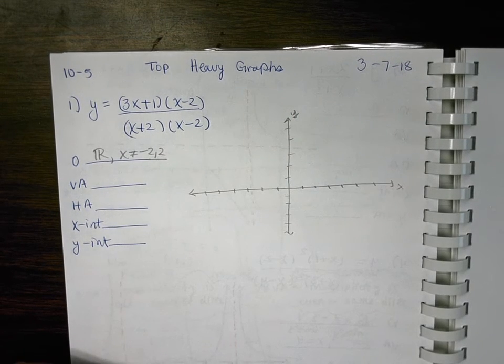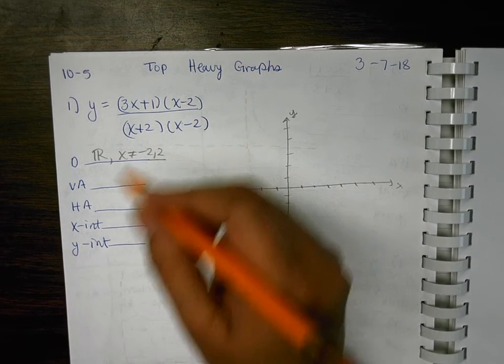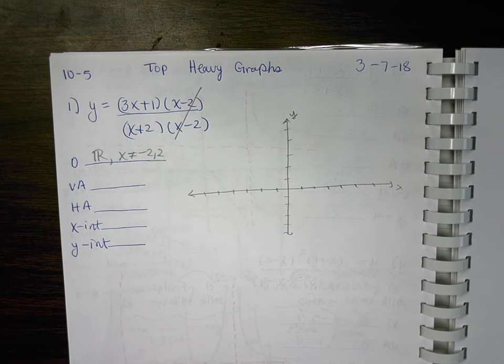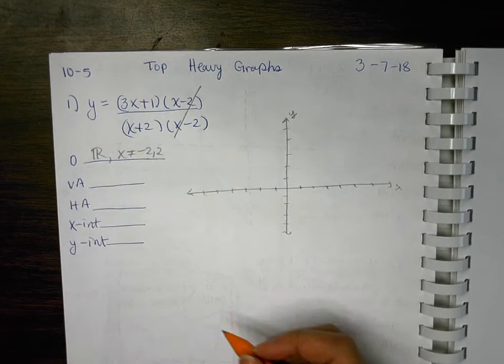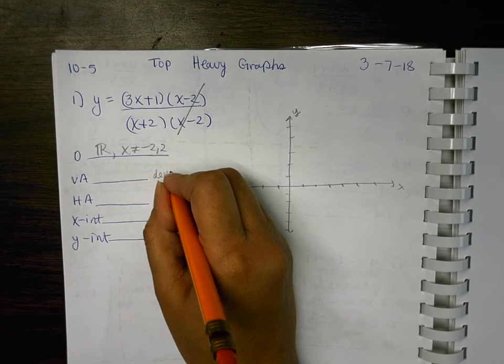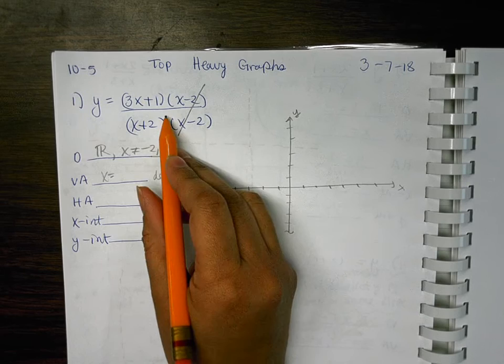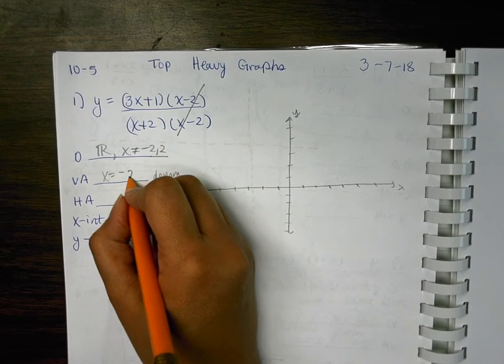All right. What do I do next? Reduce. And then I find everything else. A vertical asymptote comes from the what? Denominator. So x equals, and I look at the multiplicity. X equals -2.